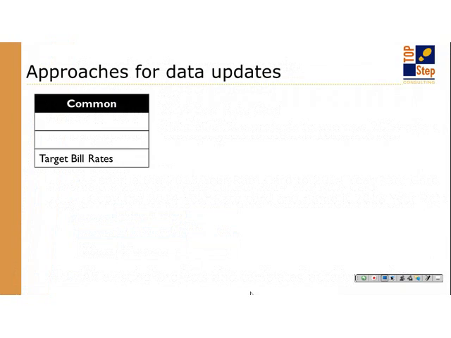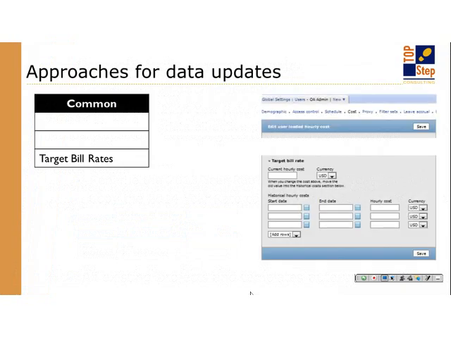So let's talk about target bill rates. For those of you who have been to our webinars before, there is something that we definitely recommend when we talk about target bill rates, which is using the multi-cost level feature on the user record. With the multi-cost level, you are able to track more than one cost on the user, up to 3. In the example here, I basically am showing you one.